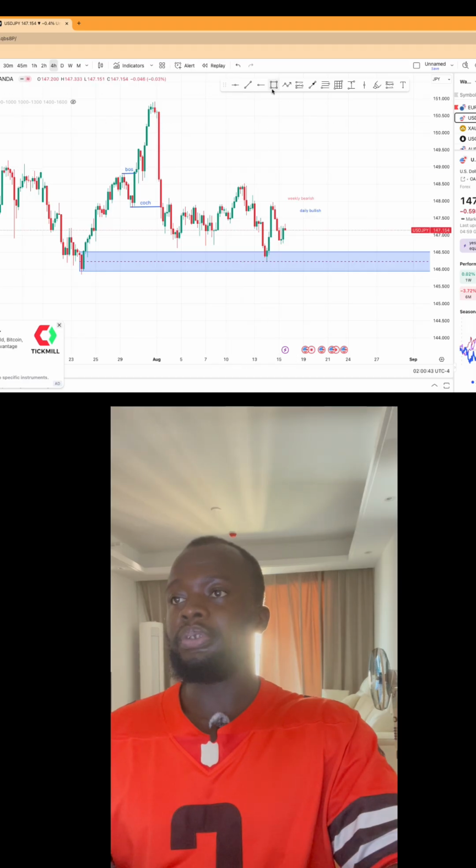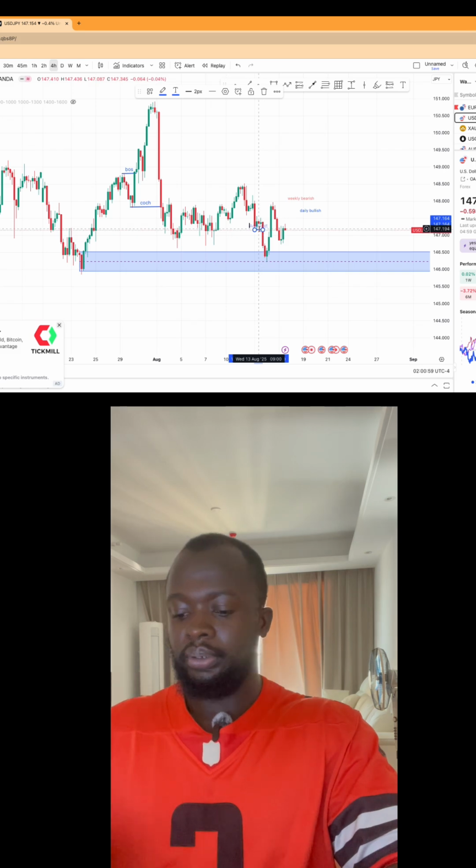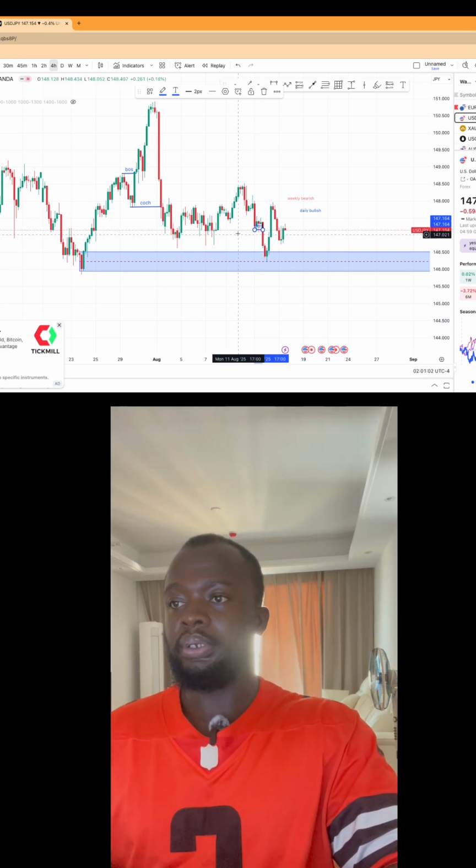Okay, so looking at this, this was the last structure that broke to the downside on the 4 hours. We also have this, the last structure that broke to the downside, BOS, and we closed above, giving us what? Change of character.